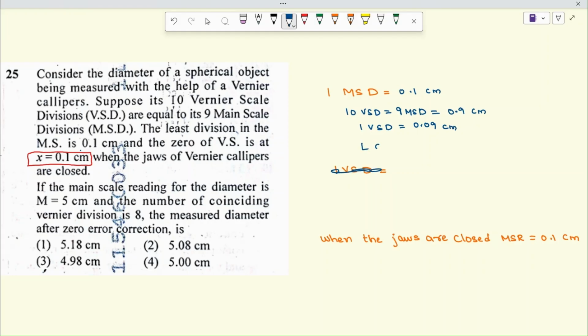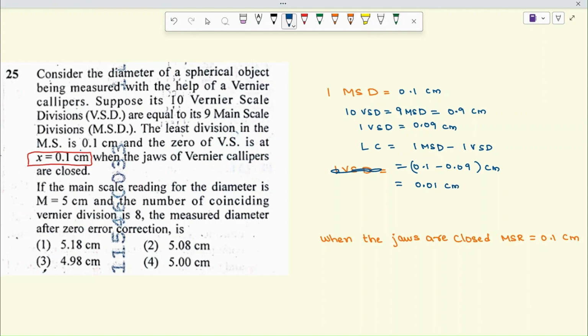Now what is the least count? 1 MSD minus 1 VSD. That is, 0.1 minus 0.09 in centimeter. This will be 0.01 centimeter. This is the least count.